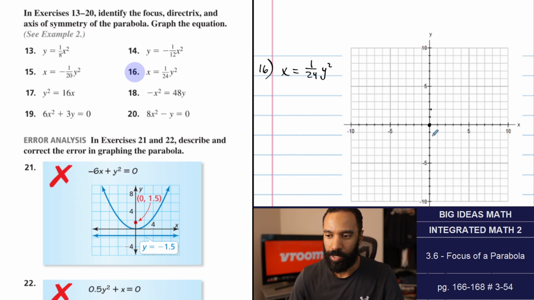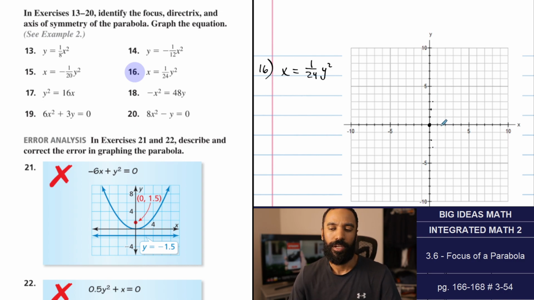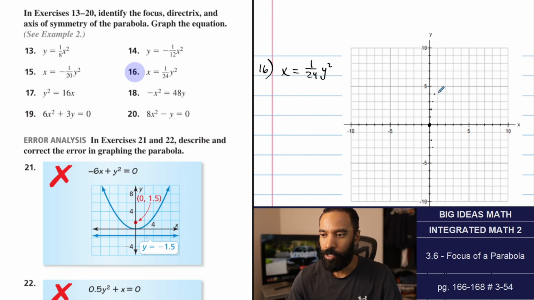4/24 is 1/6. Once again, it's pretty low. 9/24, oh gosh, 3/8. Still less than a half. 16/24 is 2/3. And hopefully you know where I'm saying these numbers.